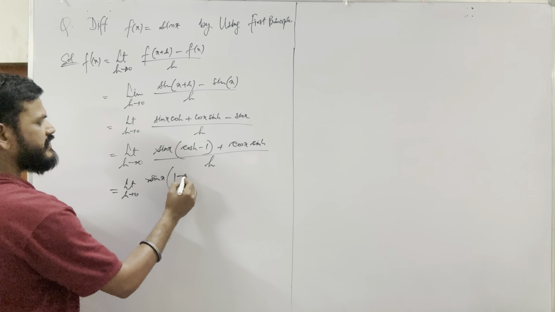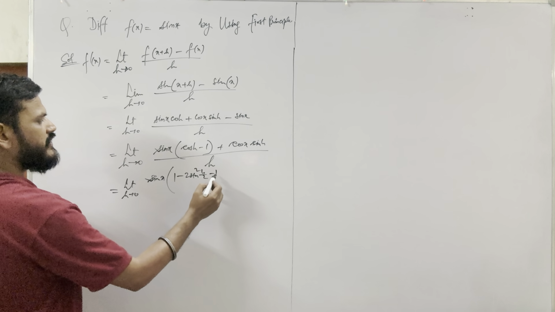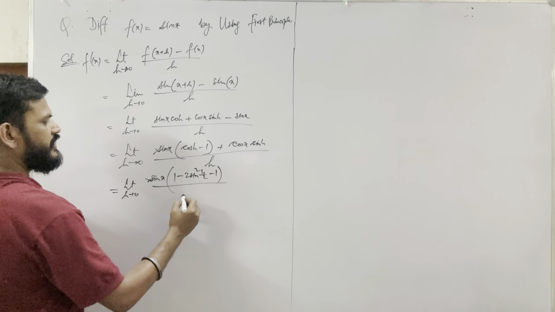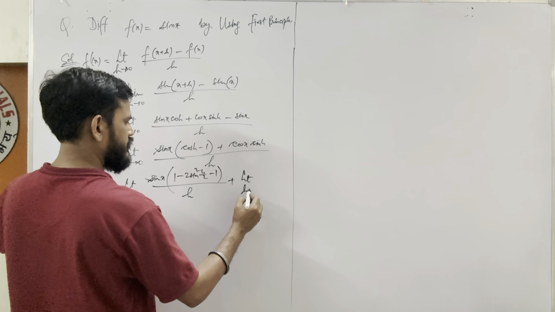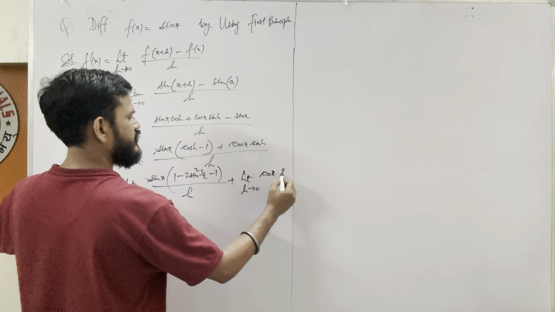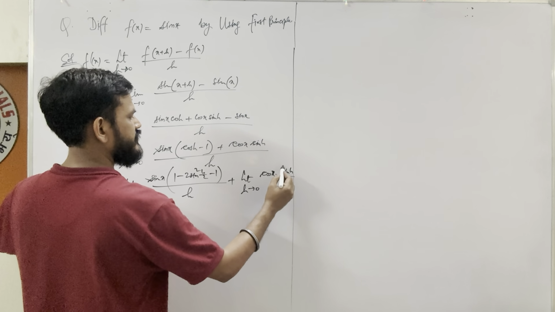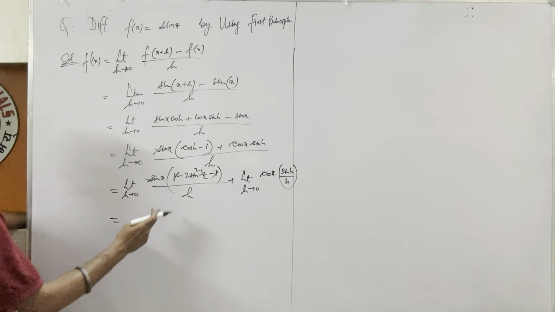I'll use 1 minus 2 sine square h by 2, minus 1, whole divided by h, plus limit h tends to 0 cos x into sin h by h. This 1 and 1 gets cancelled.